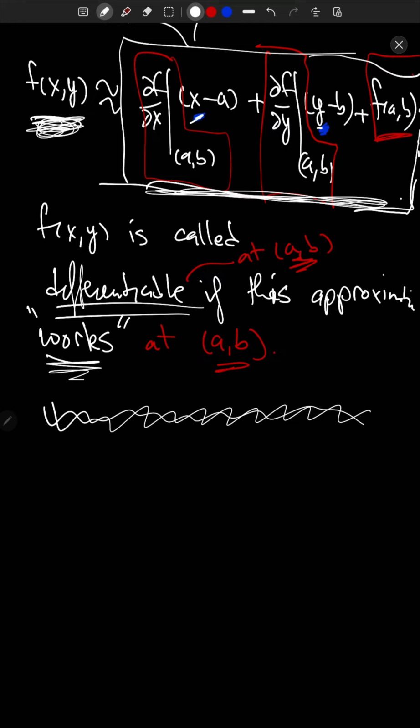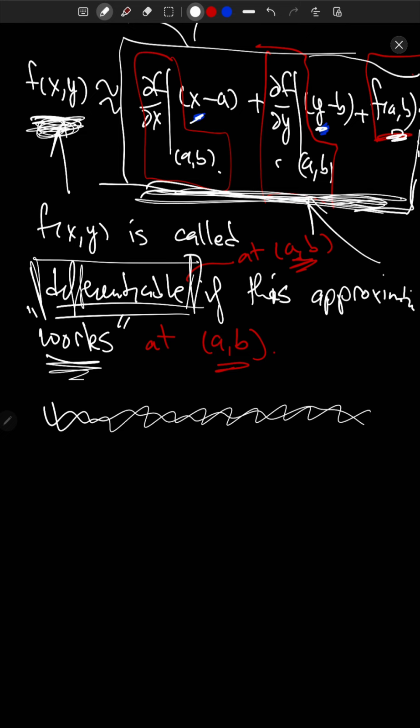It's just an x and a y, and then multiplications and additions. f can be horribly complicated with square roots, logs, exponentials, sines, and cosines, but this right-hand side, no matter what, is just a constant times x minus a constant, plus a constant times y minus a constant, plus a constant. So it's ridiculously simple. And if you're differentiable, then any question about the derivative of f can be answered by looking at the right-hand side.